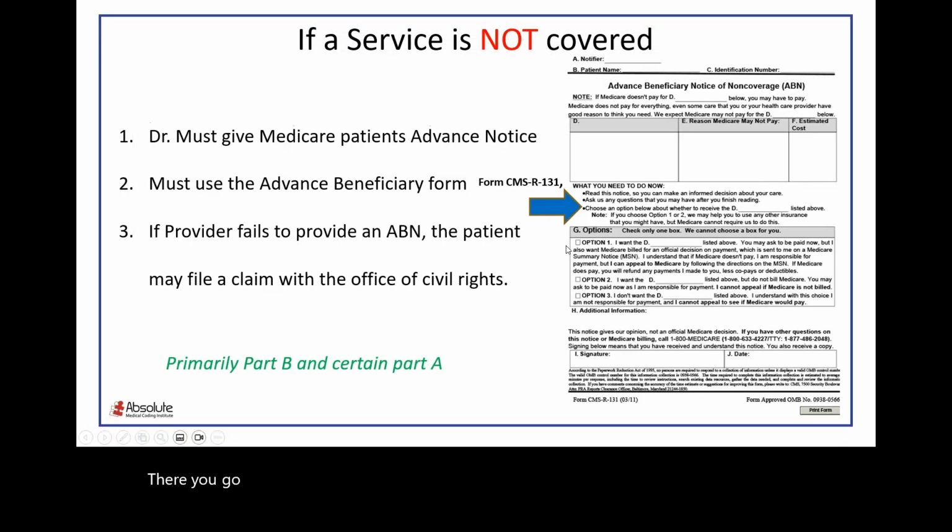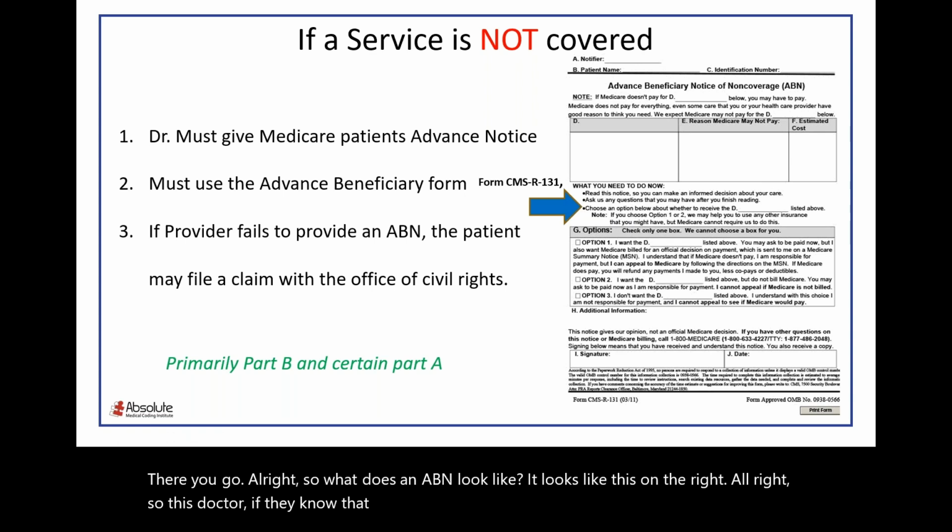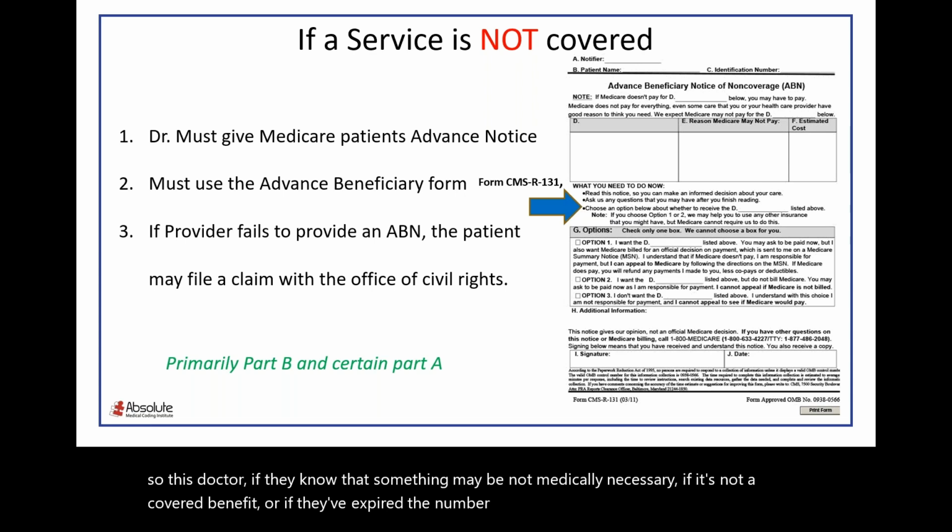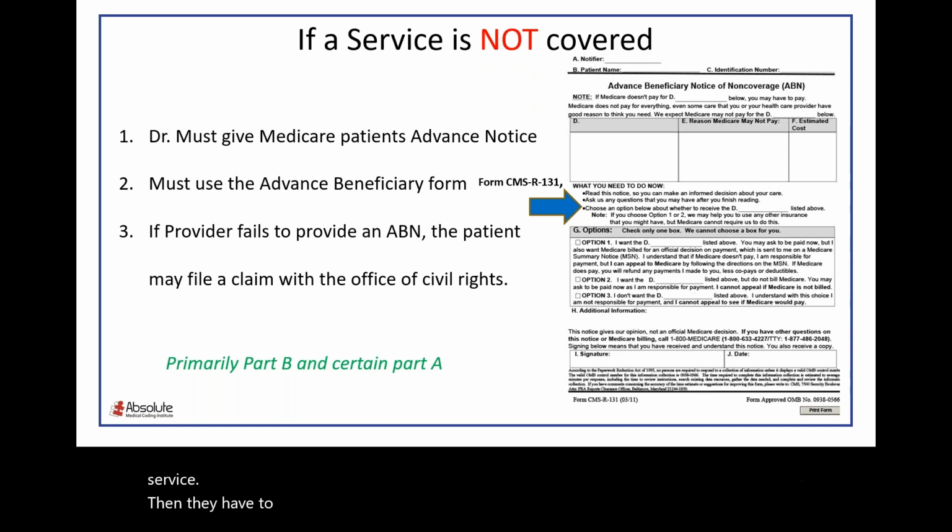All right. So what does an ABN look like? It looks like this on the right. So this doctor, if they know that something may not be medically necessary, if it's not a covered benefit, or if they've exceeded the limitations of the service, then they have to give the patient this ABN notice.